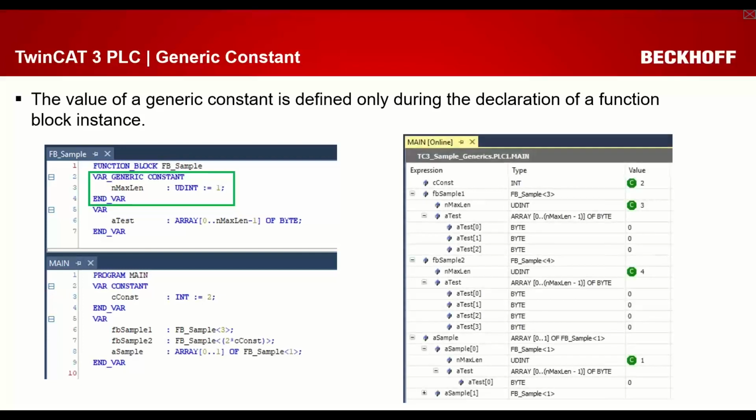And this enables you to define a certain length, which can change from instance to instance while adding this instance in the main program, for example. So here you can see also online that depending on the value of this generic constant, the number of array elements is changing.